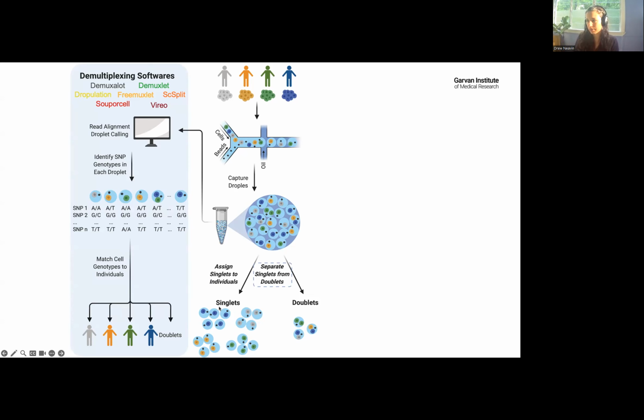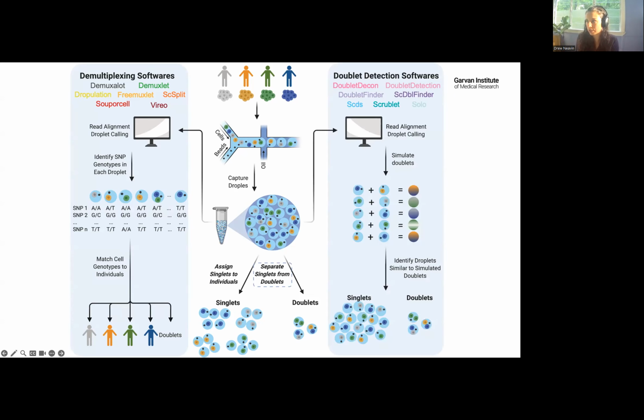And some complementary methods to this include doublet detection softwares. And these are not for identifying individuals that correlate to single cells, but it does help with doublet removal. And so what they do is simulate, through a variety of different methods, doublets by taking different cells that you have captured in your experiment and adding them together.